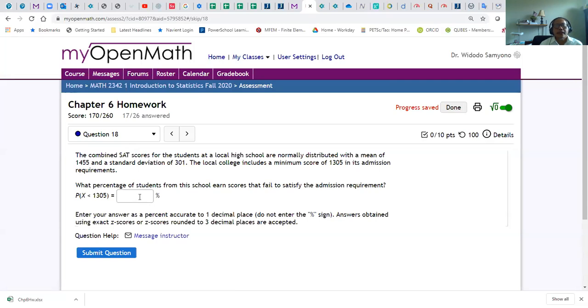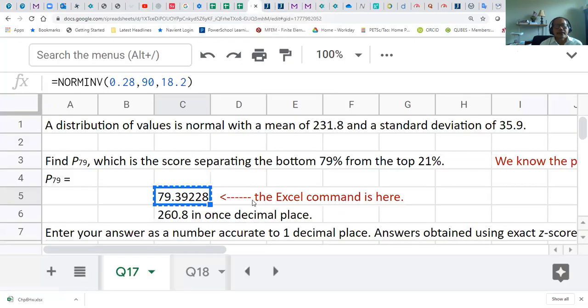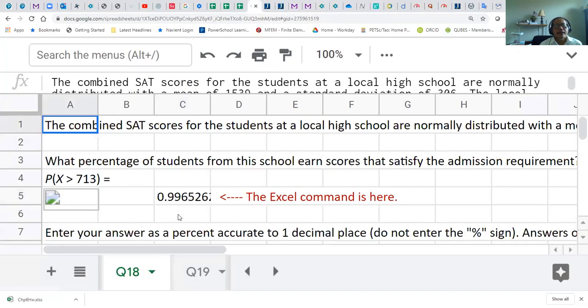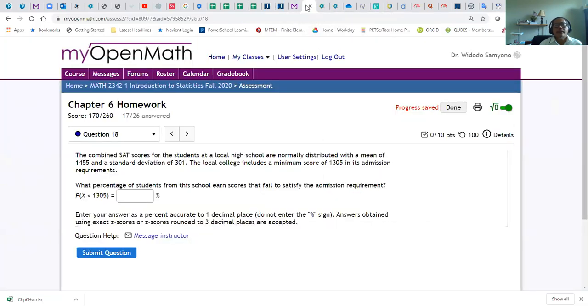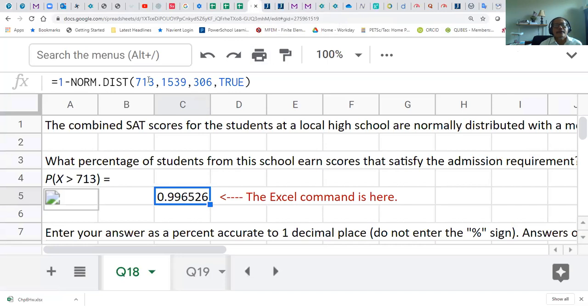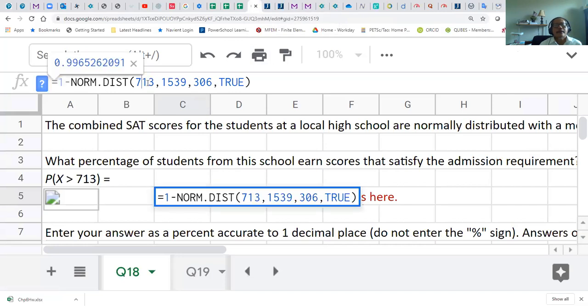This is the same thing. You need to find the area to the left of this value, but you need to multiply by 100 to get the percentage. So you put this number first, and then the mean and the standard deviation. So number 18: 1305.